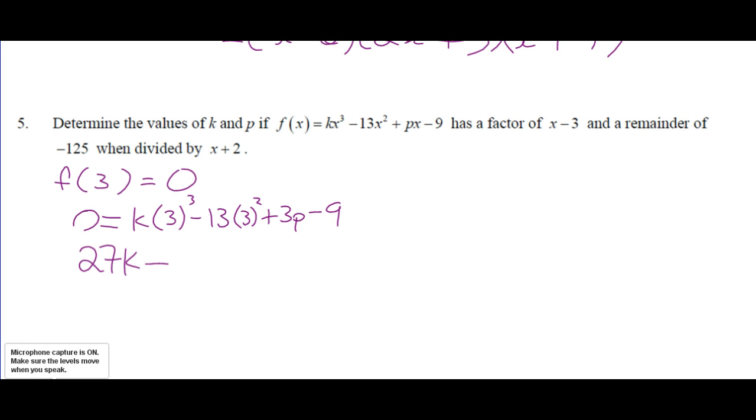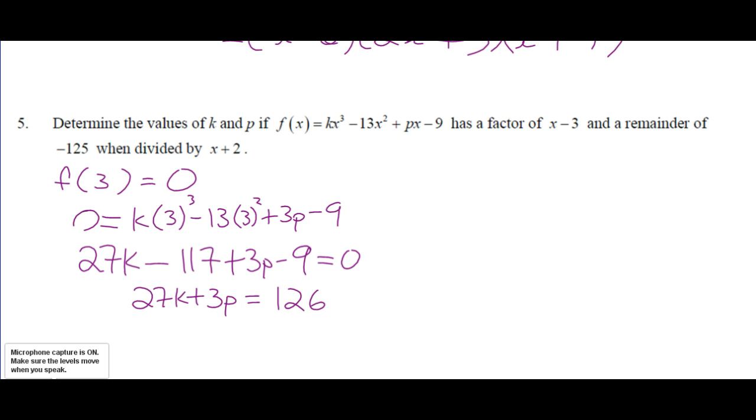What's 9 times 13? 90, 27, 117. Minus 117 plus 3p minus 9 is equal to 0, or 27k plus 3p is equal to positive 126. Dividing through by 3 because, hey, why not? We can.